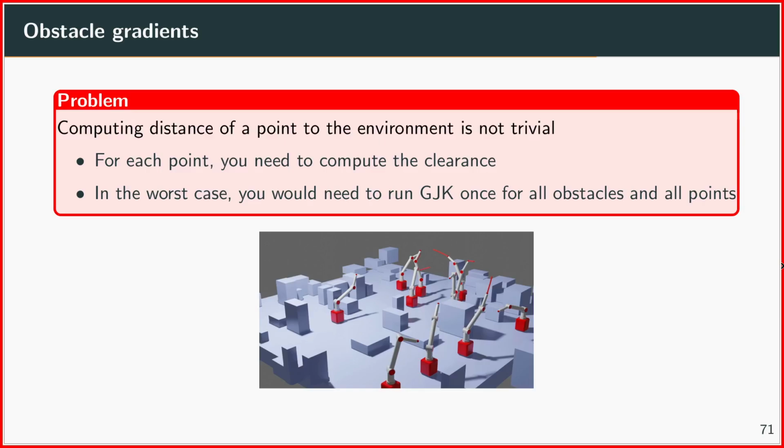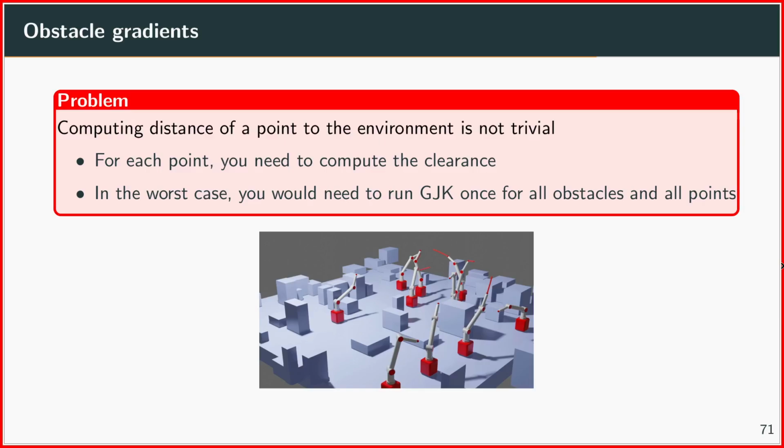In the worst case, I think we had this already in lecture 2, you run the GJK algorithm to find the nearest point between two convex bodies. If you're in an environment with hundreds of obstacles and maybe tens of robots, you have to check for each of the convex bodies how close they are. If you just iterate over all of them for every configuration, this can become very, very expensive quickly.